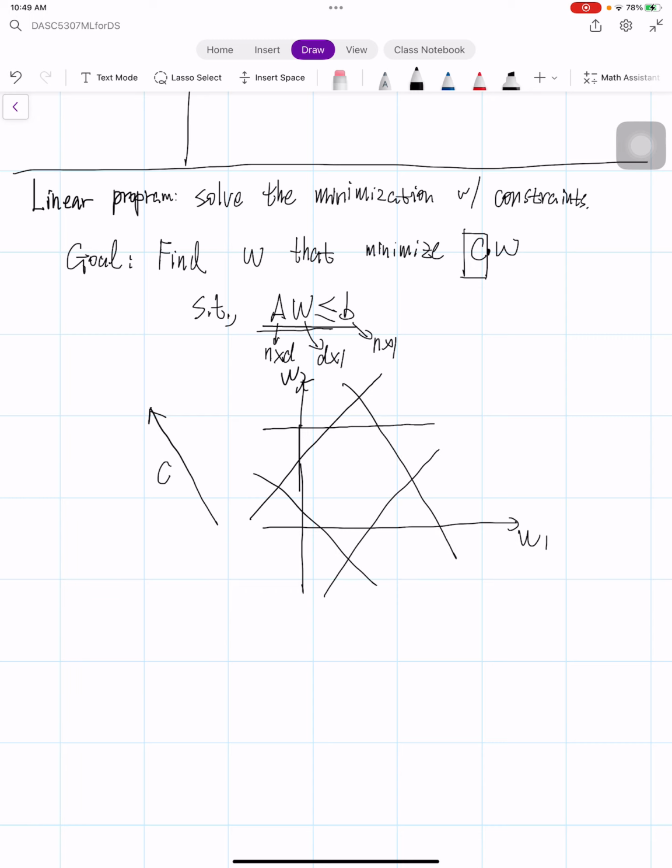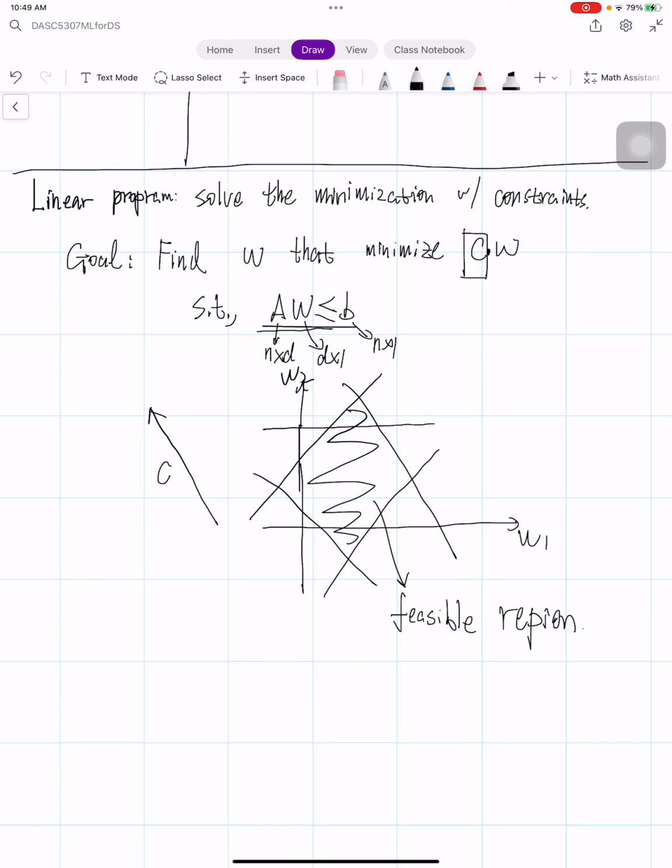And we have this feasible region. So this is called the feasible region.